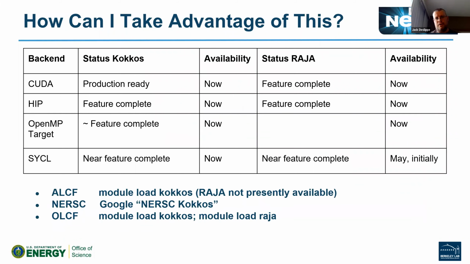In terms of both Kokkos and RAJA, here's a summary of their current availability across different backends. First you have the CUDA backend, which is the first backend that Kokkos produced, as well as RAJA, and those are essentially feature complete and production ready.